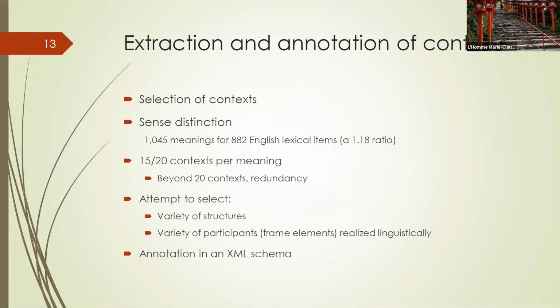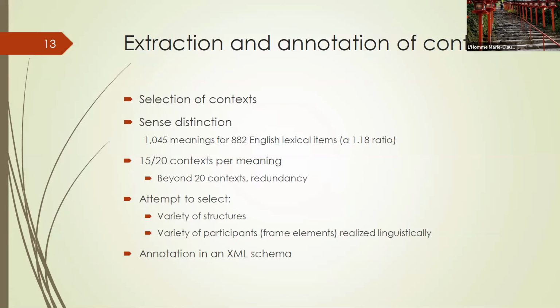We select between 15 and 20 contexts for meaning. We realized that beyond 20 contexts, there was too much redundancy, too much effort put in annotation that was not necessarily useful.